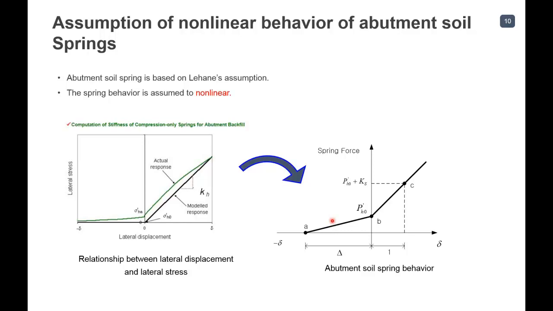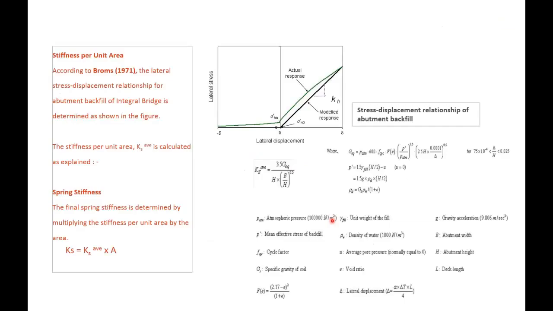The formulations are detailed out here. The lateral stress displacement relationship for abutment backfill of an integral bridge is this. This response you need to predict. For that, we are using Lehane's formulations, where this is the formula for Ks average. This Ks average depends on a lot of soil parameters.